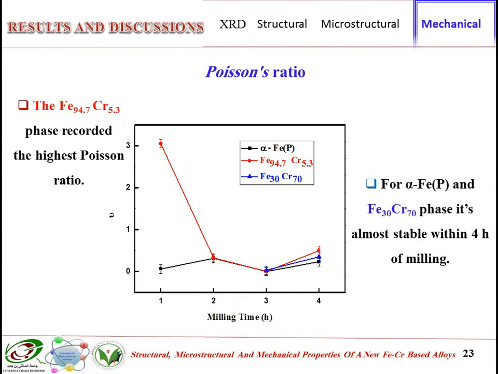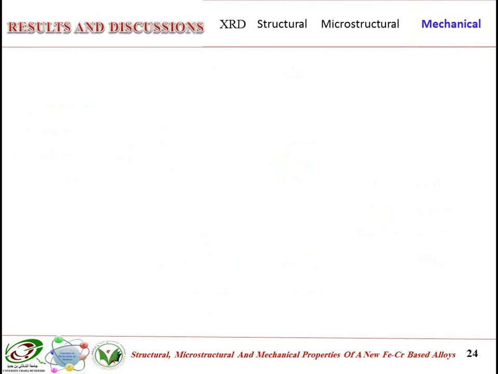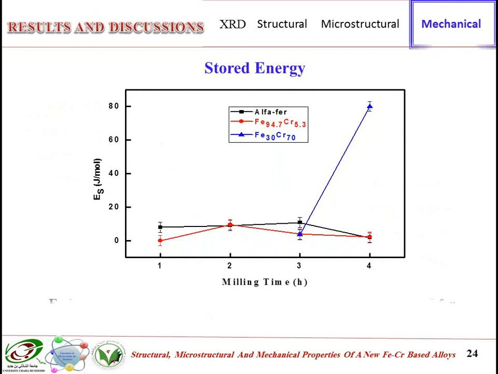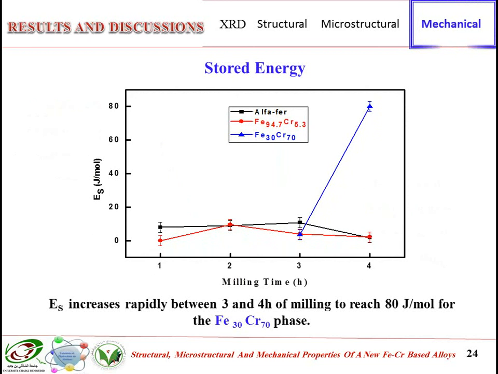For alpha iron P and iron 30 chromium 70 phase, it is almost stable within 4 hours of milling. A rapid increase of the stored energy is noticed between 3 hours and 4 hours of milling to reach 80 for the new phase.